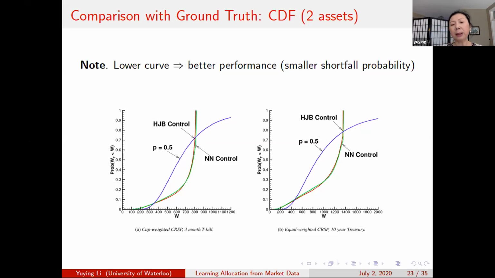We actually did that, but the performance of that strategy is not very different from a reasonable constant proportion strategy. So we did consider that. I don't have the plot here, but that does not change the comparison between a fixed proportion strategy and the optimal strategy.